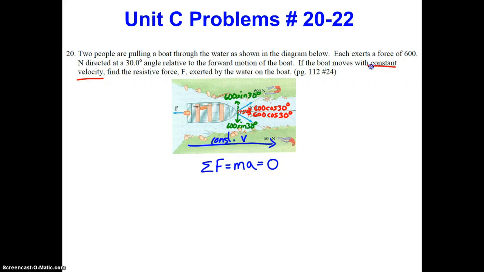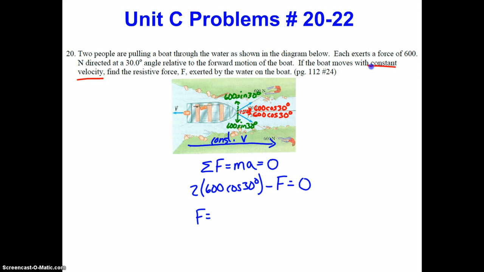Now when we summate, any forces in that direction are positive, and any forces in the opposite direction are negative. So we have two 600 cosine 30 degree forces forward, minus F, equals 0.